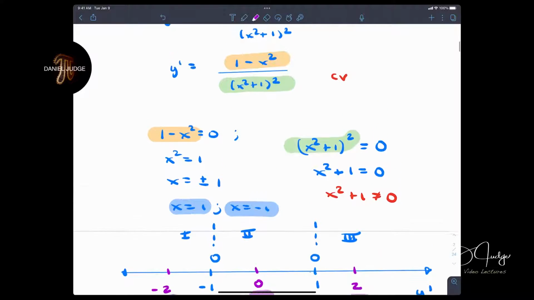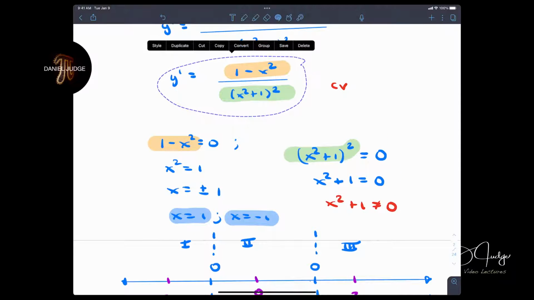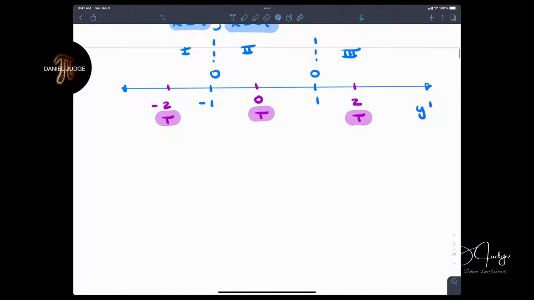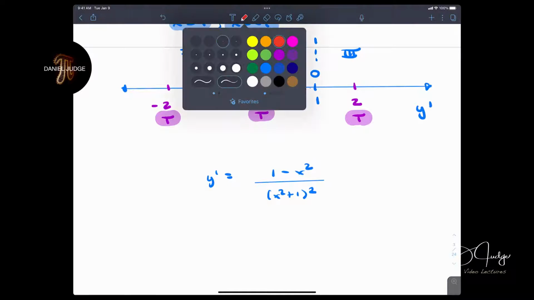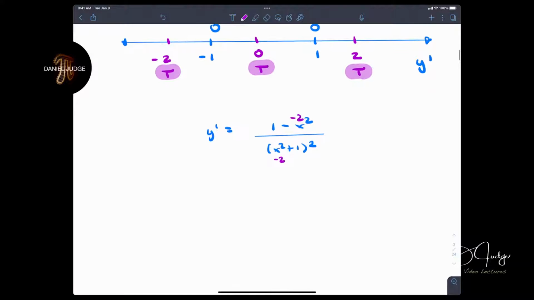Okay, the first derivative is right here. We want sign analysis on this. So we're going to plug in -2. We're going to test Region 1. Okay, -2 gets placed inside there.